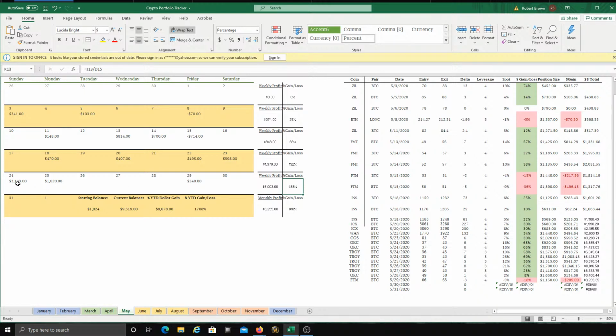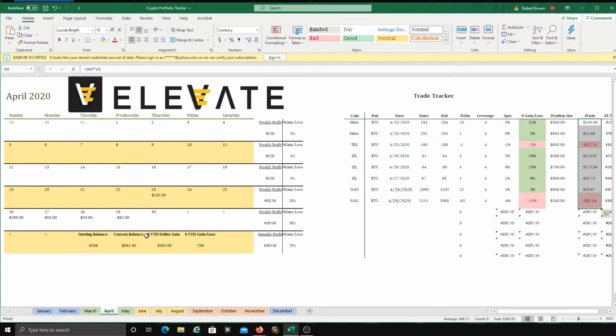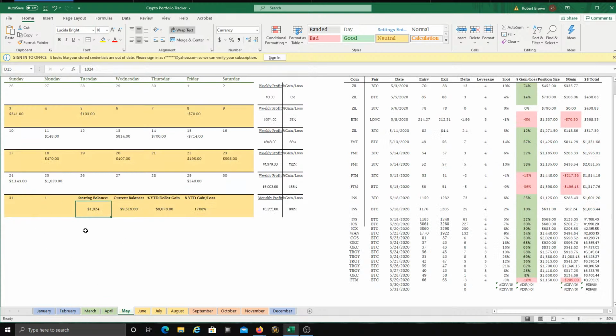So this week alone, from my starting balance of $1,000 when I started this balance in May, because if you remember, in April we started with $500, and those were my gains adding up for monthly profit, and then rolling into the new month, starting off a new balance, and that's the current balance there.